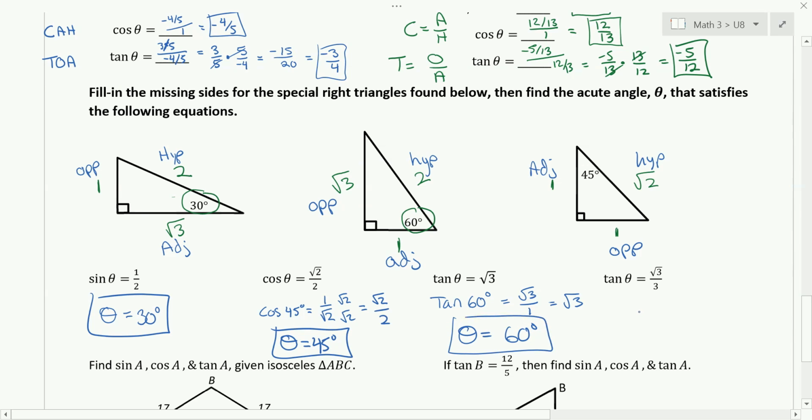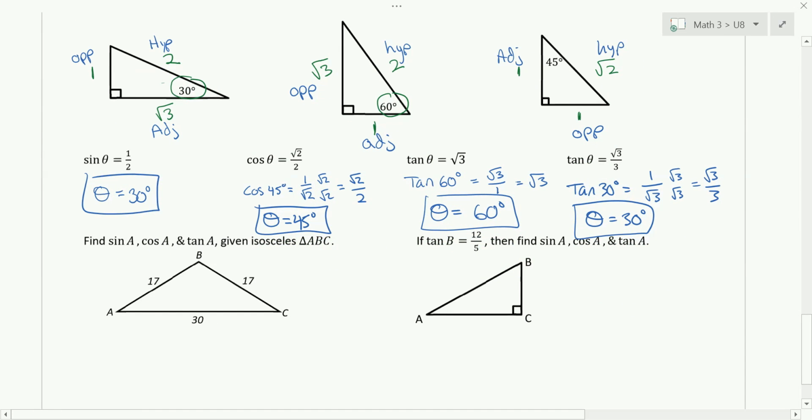I know it's not 45, so probably going to be 30, but let's just check. Opposite of 30 is 1. Adjacent to 30 is root 3. And then I multiply top and bottom of that fraction by root 3, and I get root 3 over 3. And we see theta is 30. Okay.